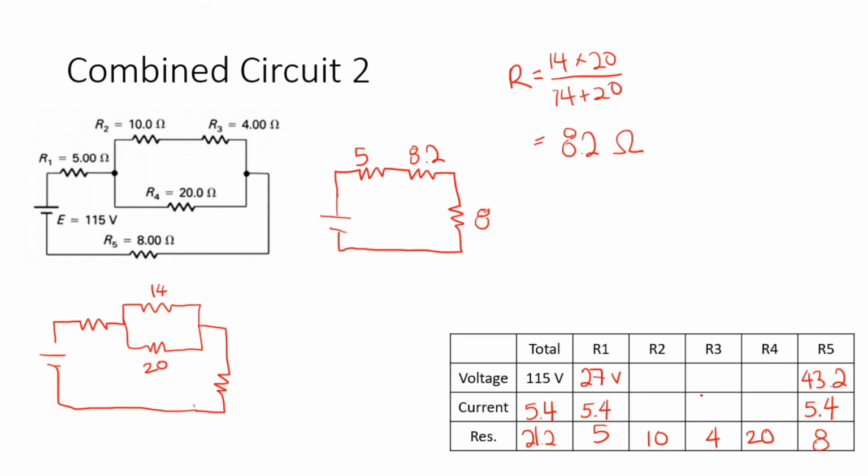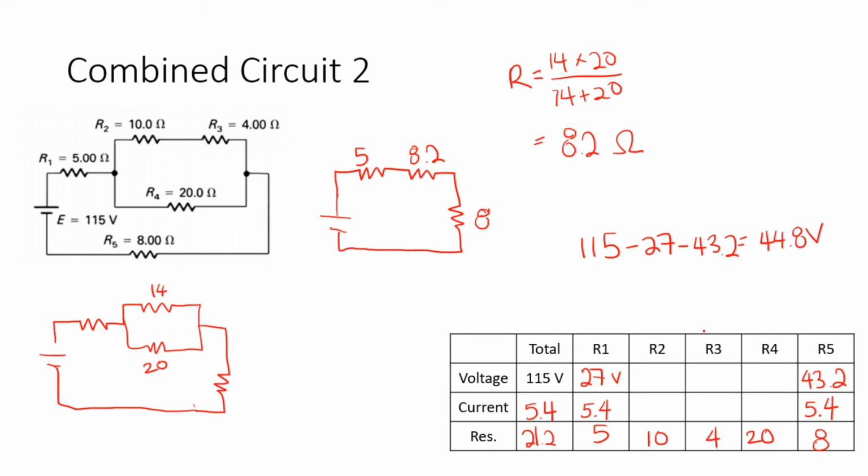Okay, so now I want to know about the voltage drop in the parallel branches. So I know that I had 115 volts and I dropped 27 and I dropped 43.2 and I have a leftover that is 44.8 volts.